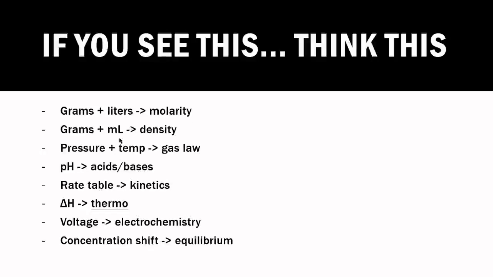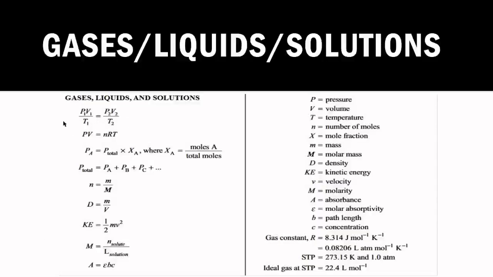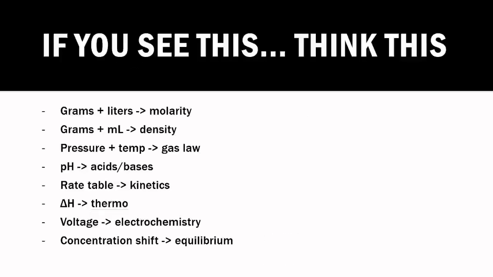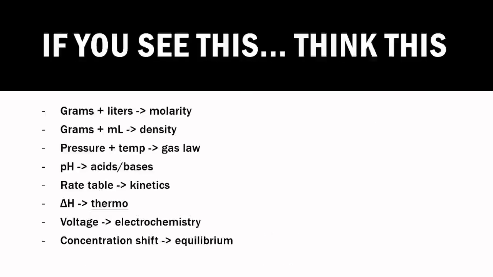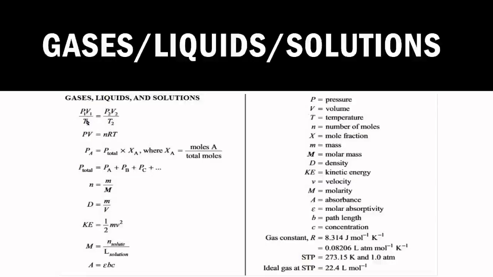Grams plus milliliters, that's probably going to be regarding density, which, as you remember, is mass divided by volume. Mass, volume, density, grams per milliliter. Pressure plus temperature, you're probably going to have to talk about gas law, which is PV over T. So it could be something where pressure and temperature change, that's still another ratio.